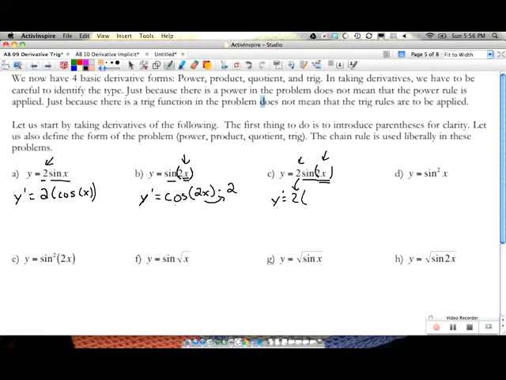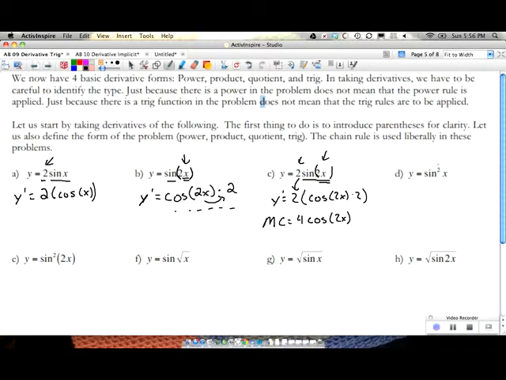So that's going to be a 2, and then we multiply it by the derivative that we just found: cosine of 2x times 2. If I were to simplify this to a multiple choice type level, it would probably say 4 cosine 2x.